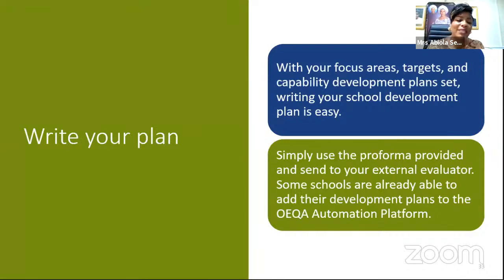We recognize that if we want all of our schools to be able to adhere to the standards we've set for them, we're expecting them to improve from one point to the next. In order to be able to monitor that progress, there's no way we'll be able to do that without the use of technology. So what we're doing now is we're planning for an OEQA automation platform.